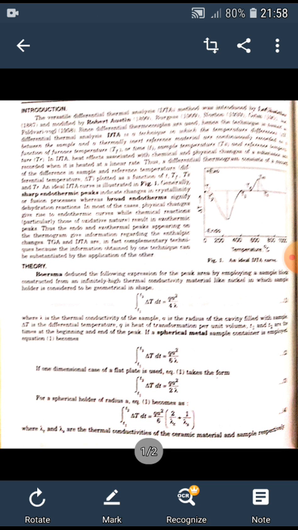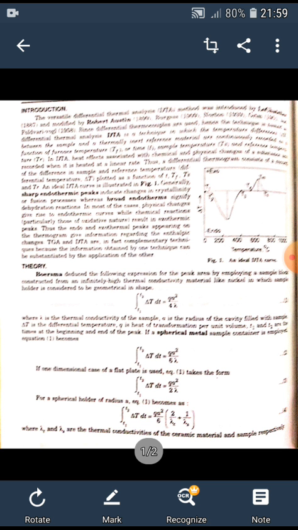Boersma deduced the expression for the peak area by employing a sample block constructed from an infinitely high thermal conductivity material like nickel, in which the sample holder was considered to be geometrical in shape.